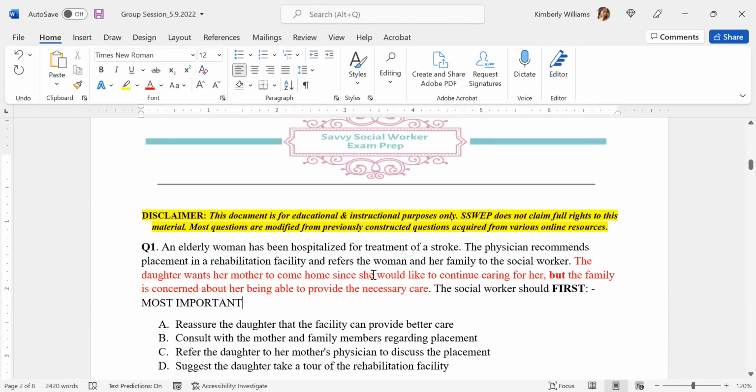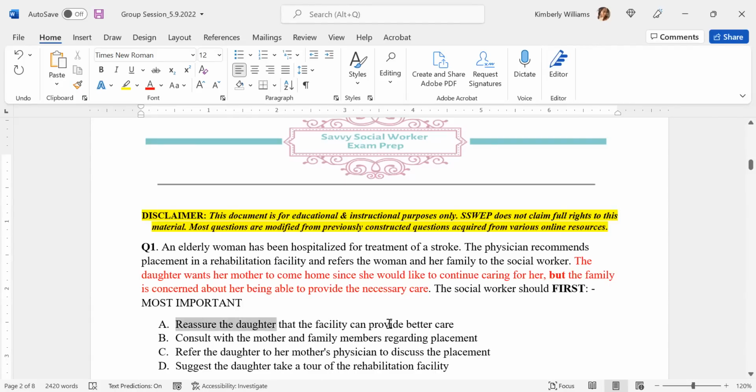It's time for her to transition from the hospitalization. The physician wants her to go to a rehab facility. The daughter wants her to come home. The family is like, nah, the daughter can't even take care of her. So that's the problem. The most important thing we need to do is reassure the daughter that the facility can provide better care. Is that the most important thing that will directly address the problem? No.